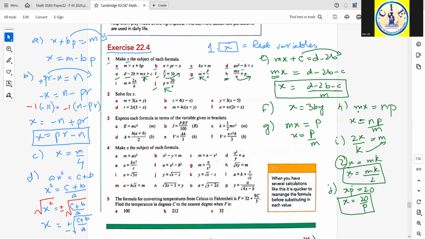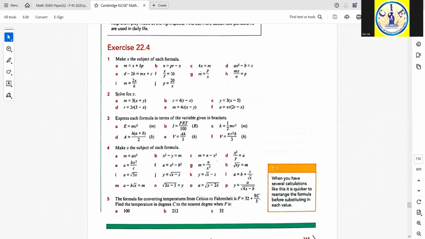Now, in the next question, the keyword for the question is a bit different. Solve for x. But that means the same, that we need to make the variable x the subject. So in this case, I can write it down as 3 times x plus y is equal to m.